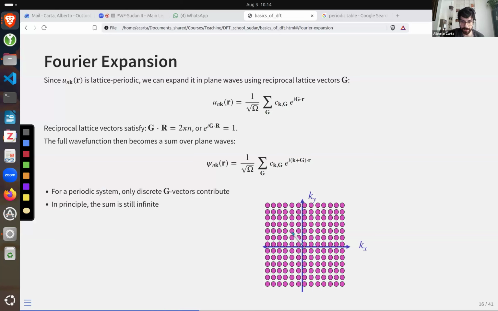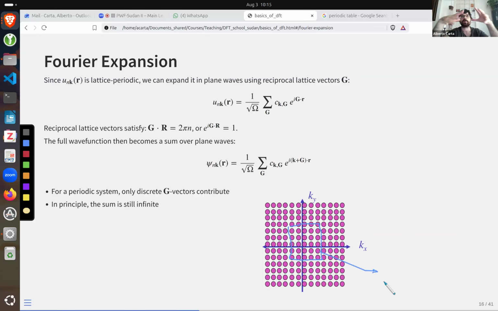So the idea here is that for a system, we are going to have the Brillouin zone, which will be some part of k-space, like this one that I've drawn. For instance, for a square system this would be the Brillouin zone.